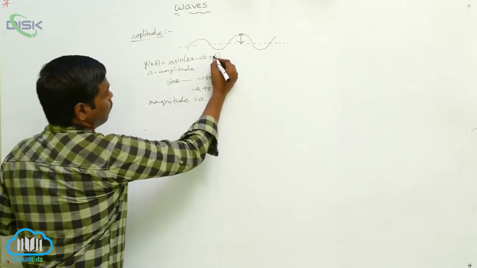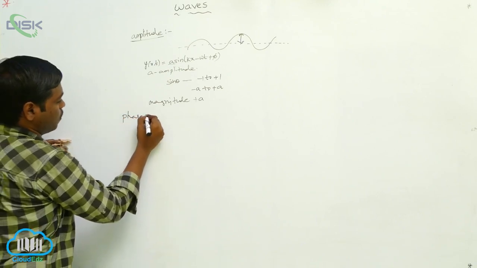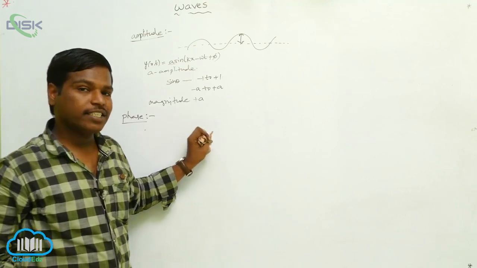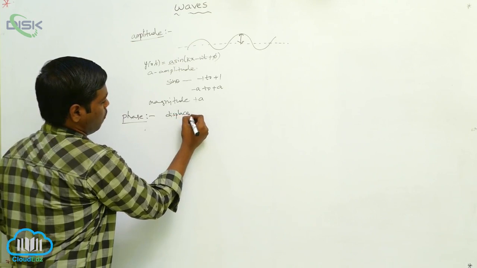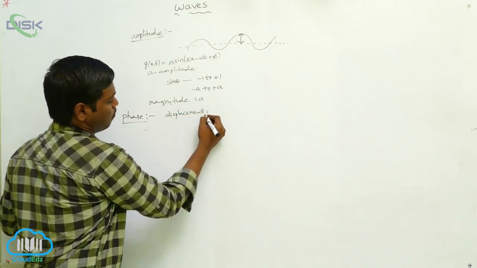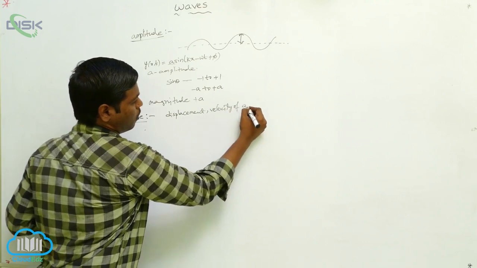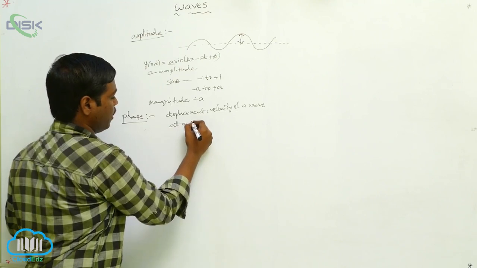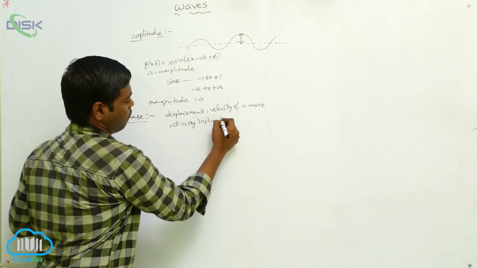Here this phi is called a phase. Now, what is phase? Phase simply describes the displacement or velocity of the wave at a particular instant of time.